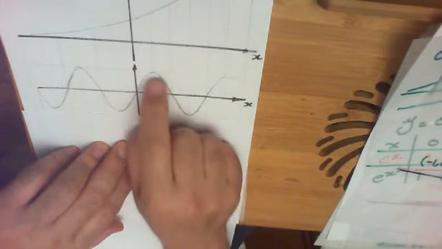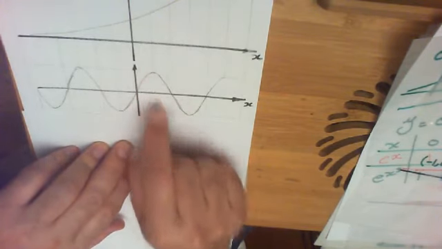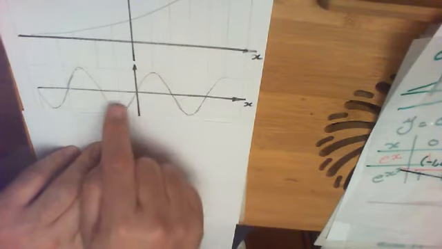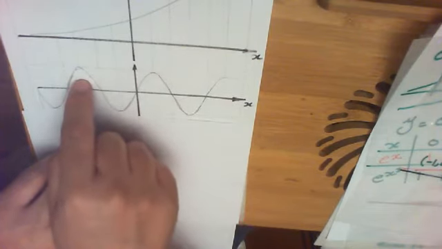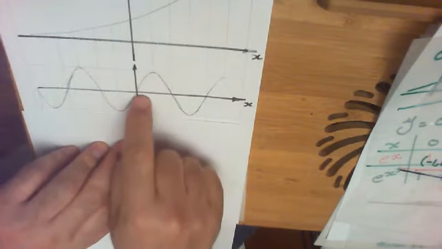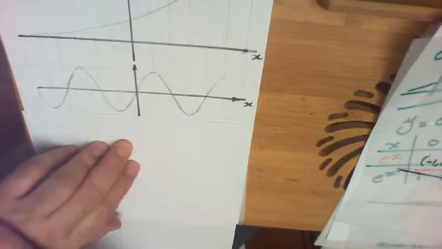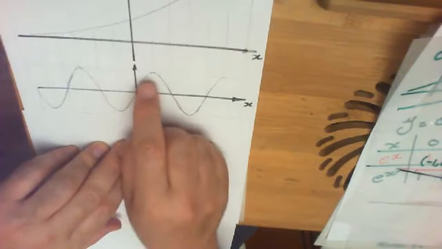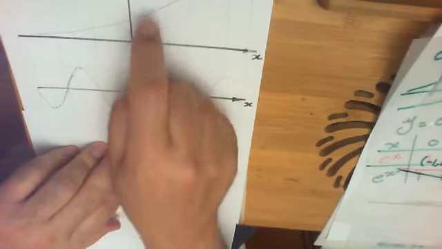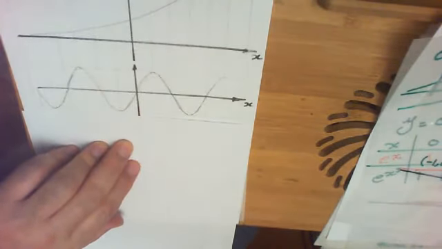At pi by 2, 5 pi by 2, minus 3 pi by 2, minus 7 pi by 2, sine is equal to plus 1. When multiplied by e to x, it gives the same value.